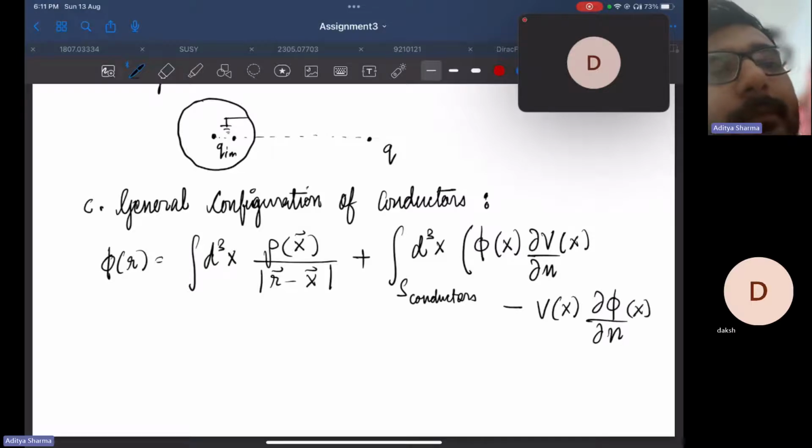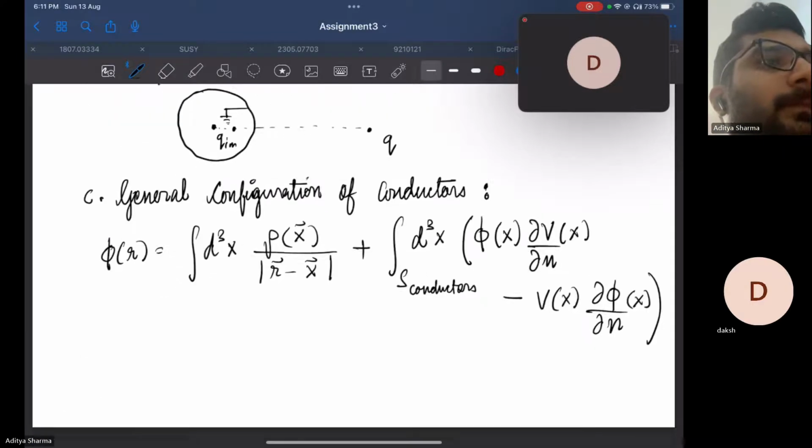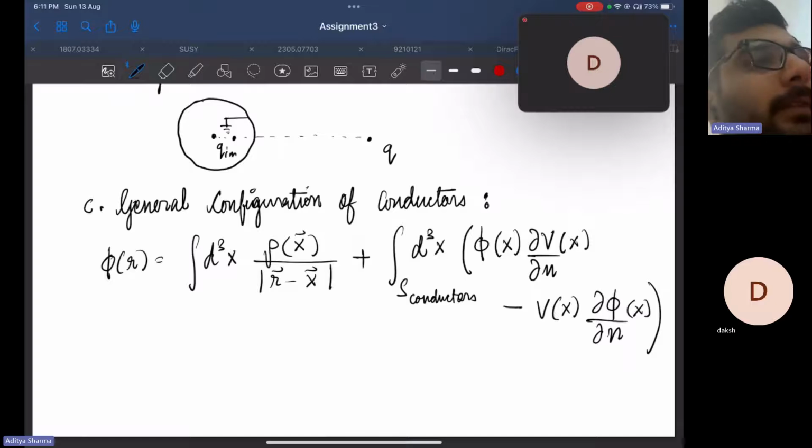This is what it was, right? The configuration being conductors somewhere like this, and they have some surface.